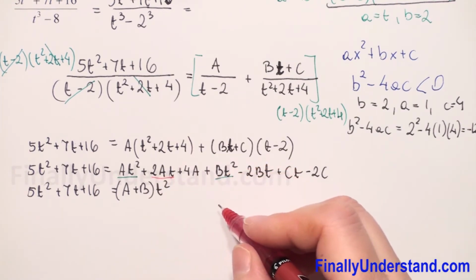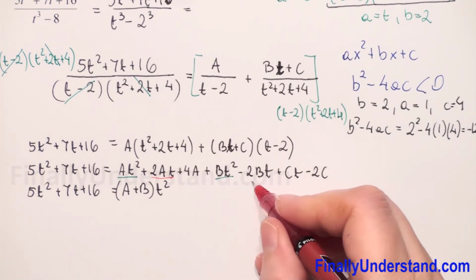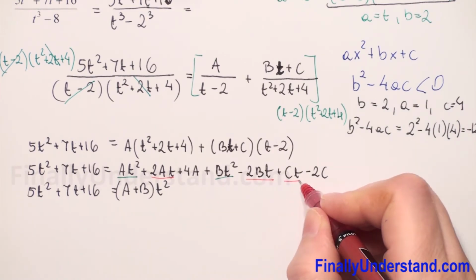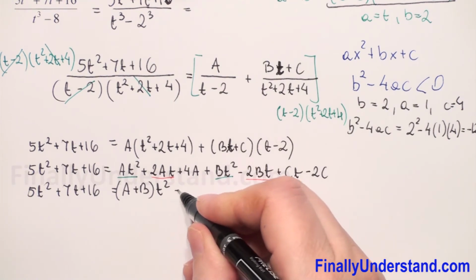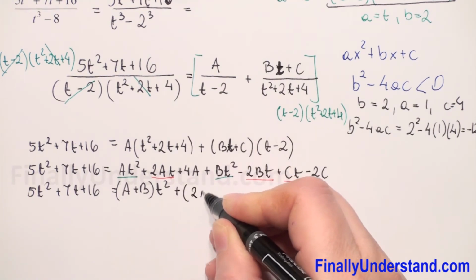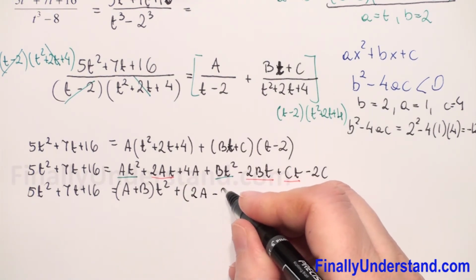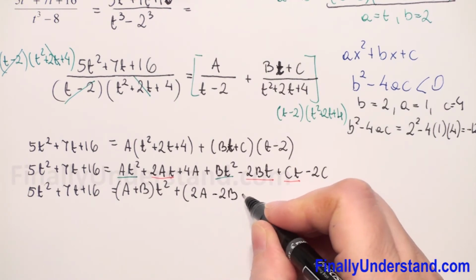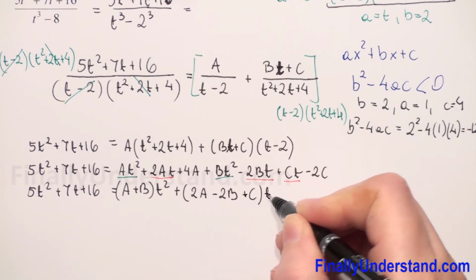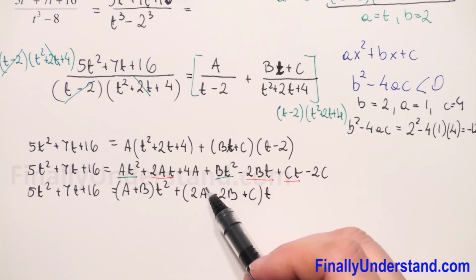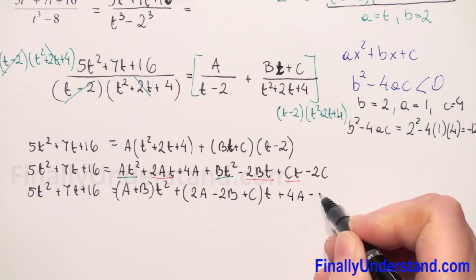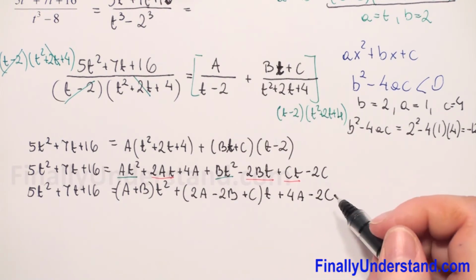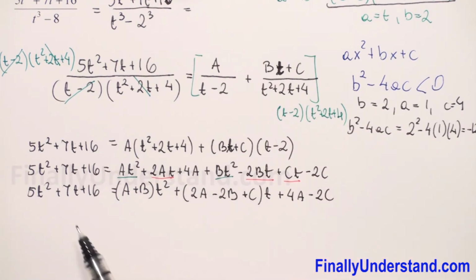We have 2at, negative 2bt and c. So we will have plus in parentheses 2a minus 2b plus c times t, and the last will be constant plus 4a minus 2c. So now left side must be equal to the right side.